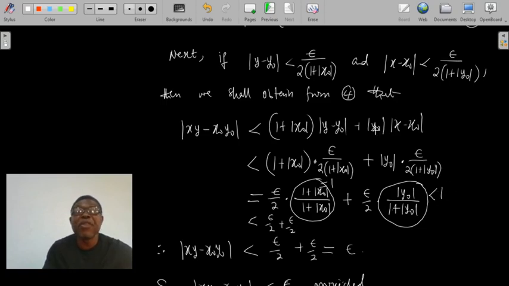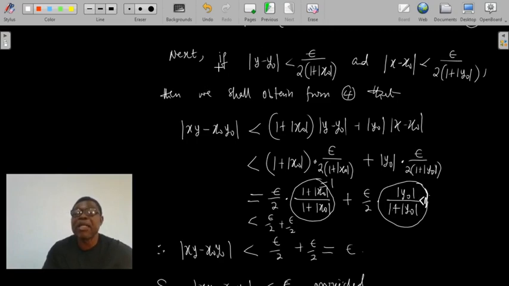Maybe I'll put it inside the bracket so that it will not be as if I'm saying that the entire thing is less than 1. What we have as less than 1 is what is inside our circle. So this is what is less than 1. And that's why I put it inside the circle.